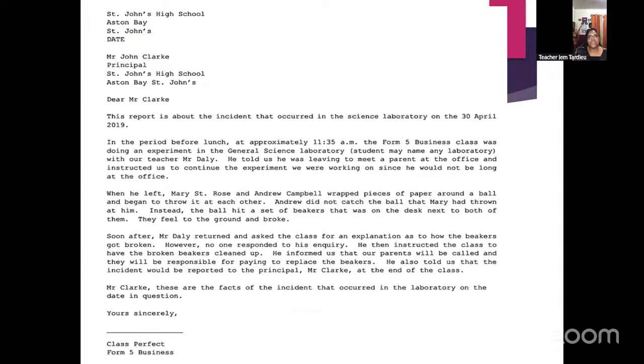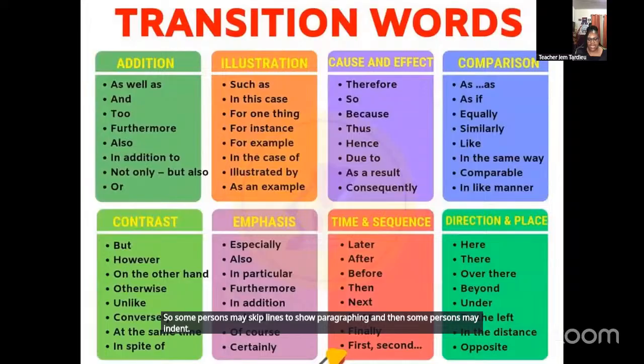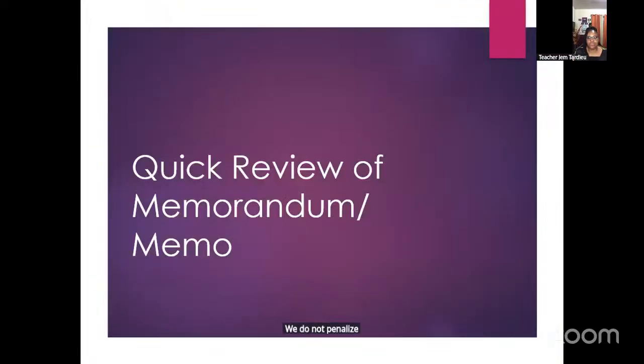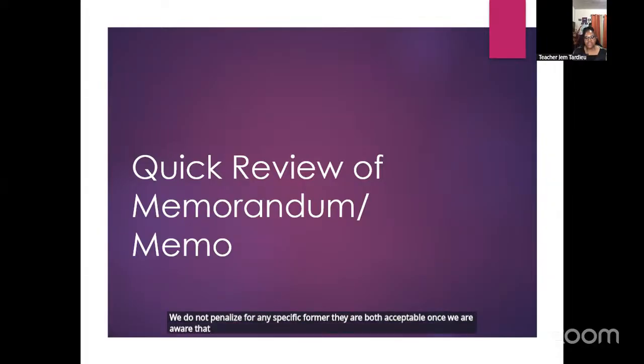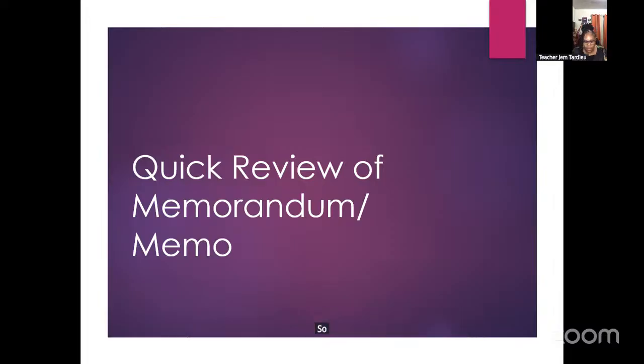Some persons may skip lines to show paragraphing, and some may indent. We do not penalize for any specific format. They are both acceptable once we are aware that this child is able to take the information and structure it effectively.